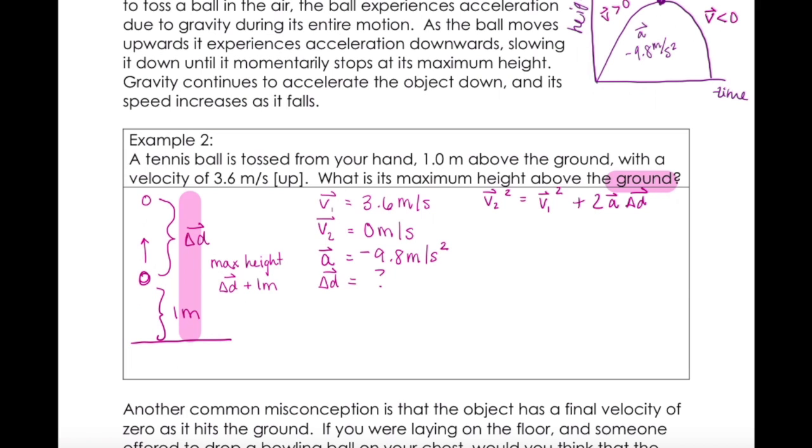Okay, so if I rearrange this equation so that it's solved for delta D, it would be V2 squared minus V1 squared all over 2A.